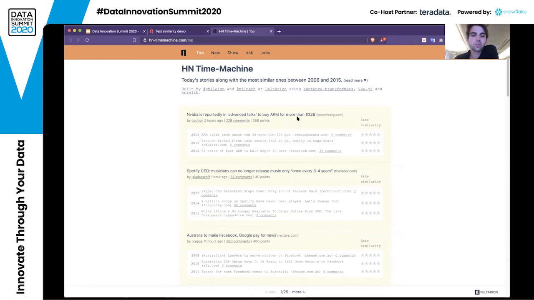Hacker News is a news aggregator for news in text, for those of you that don't know. And basically what it does is it takes the current Hacker News front page news article titles and finds the most similar ones between 2006 and 2015. I found this a pretty fun side project to do and to try out.